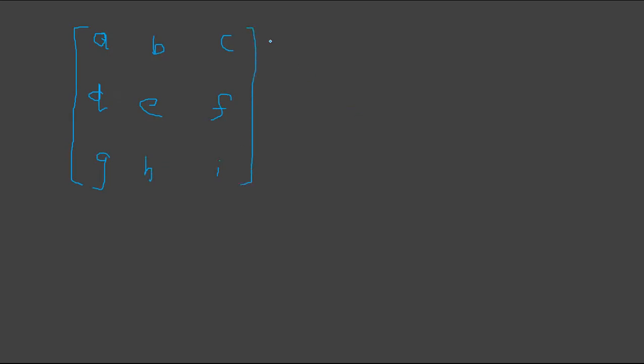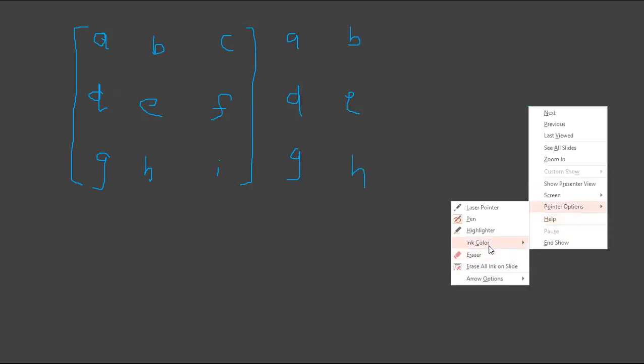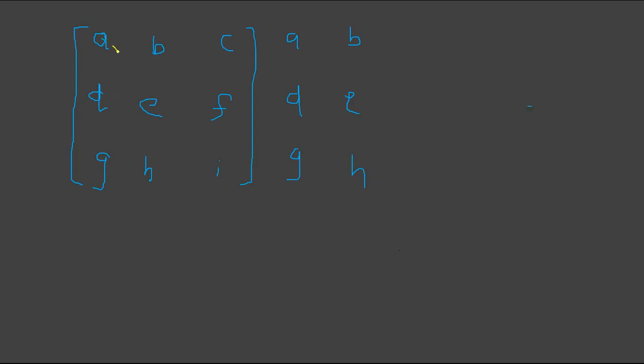To take the determinant, you write this row here, imaginary row, A, D, G, and the next row, B, E, H. What you need to do is, you have to multiply these three diagonals, right?